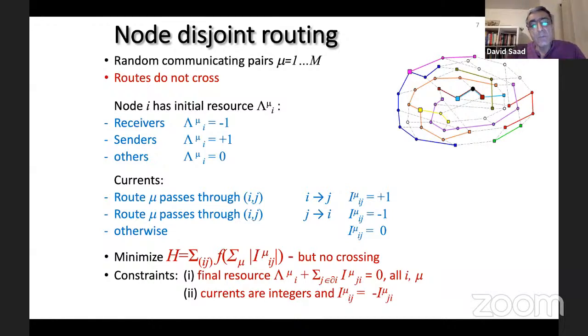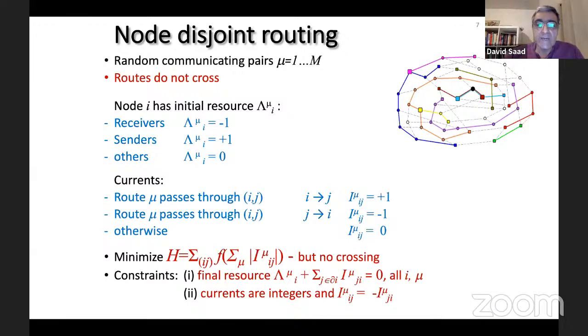So the route is simply passing through edges, and we can denote the flow between i and j as +1, between j and i as -1, and otherwise the flow is 0. Now, in this particular case, we have a single type of, say, wavelength, and we insist on the fact that it doesn't cross. So the aim is to minimize some global objective, which is a function of the flow, but insist on non-crossing. And there are two constraints.